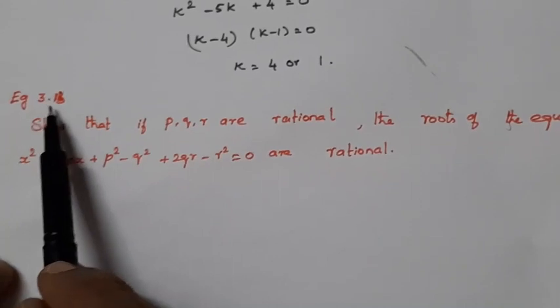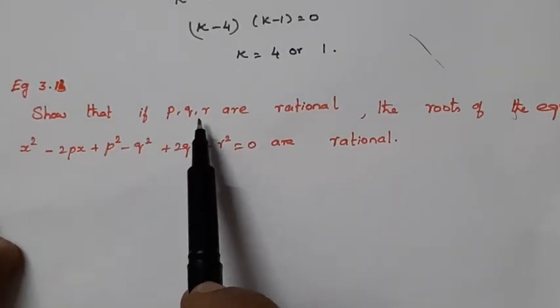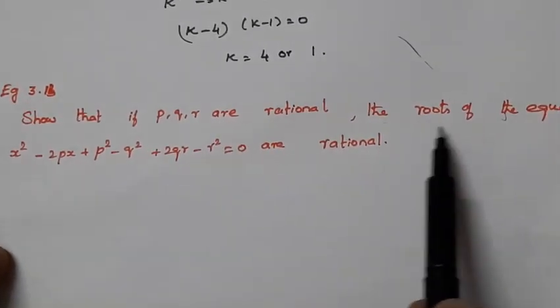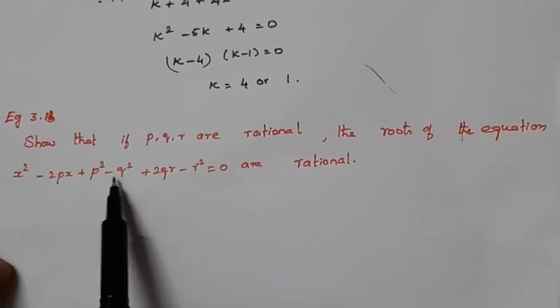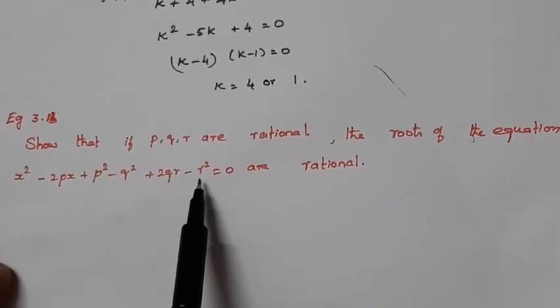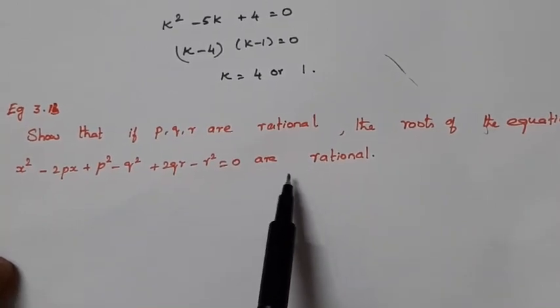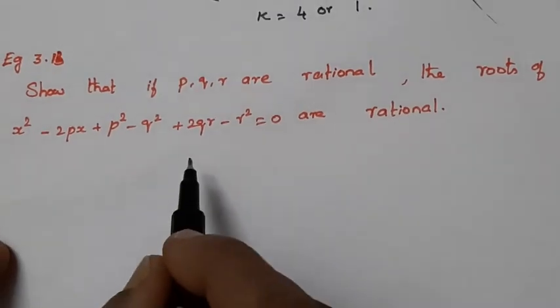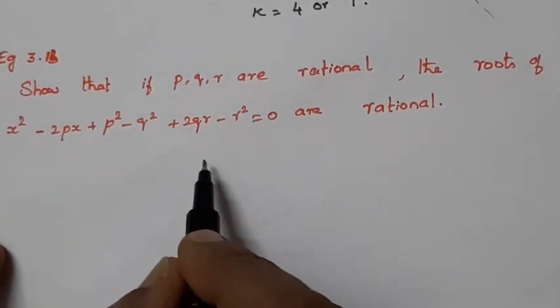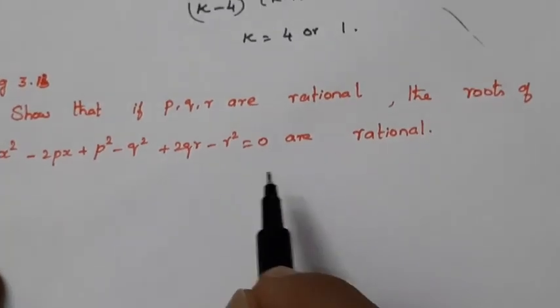Then example 3.13. Show that if p, q, r are rational, then the roots of the equation x squared minus 2px plus p squared minus q squared plus 2qr minus r squared is equal to 0 are rational. So what is the condition for rational roots? Delta must be positive and also a perfect square.